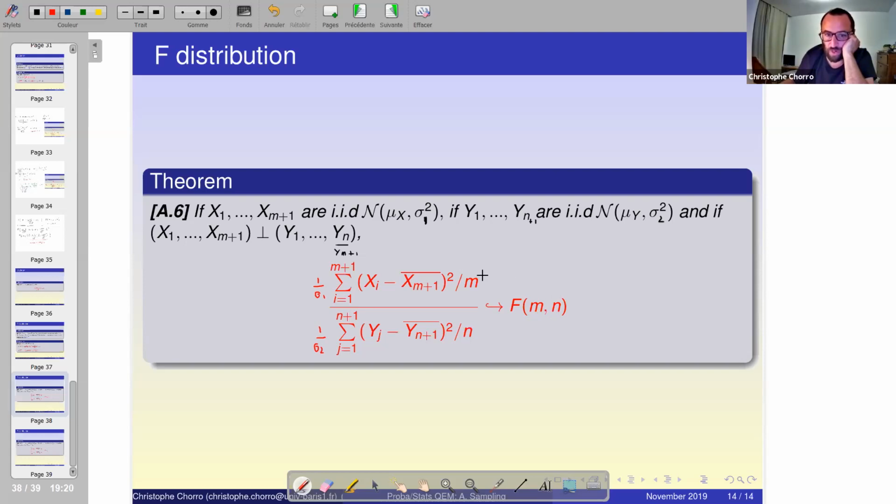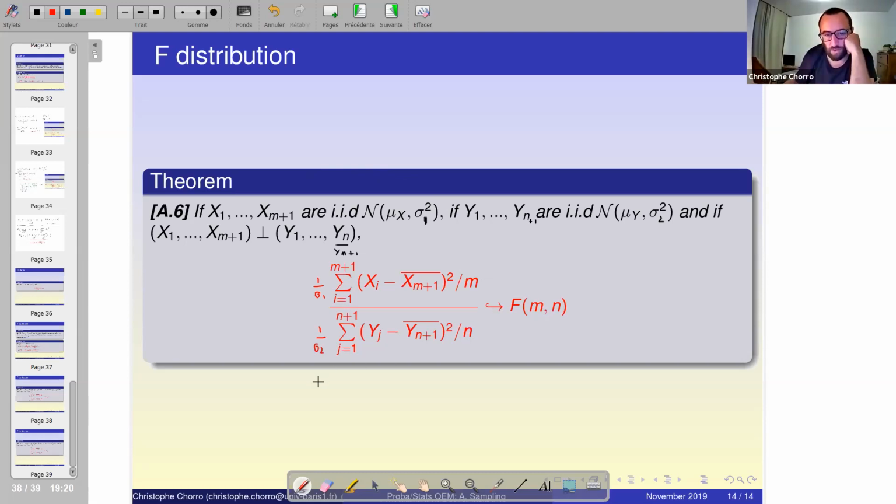So first we are going to see why, and then we are going to see what may be the interest of such a situation. So you have a set of observations of a particular Gaussian, another set of observations for another Gaussian. I suppose these observations are independent, and I have this ratio that follows an F distribution.